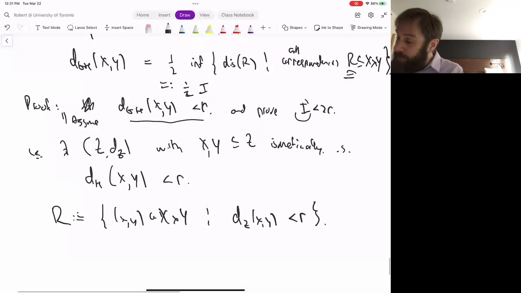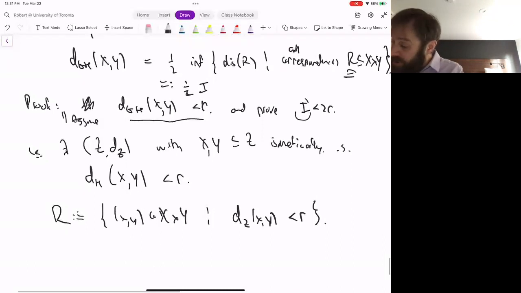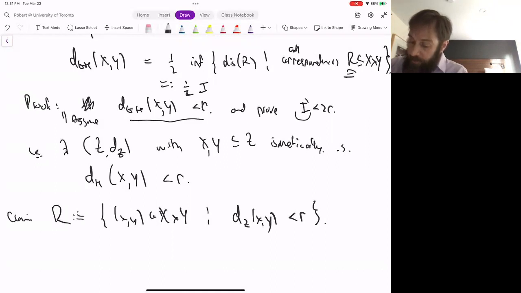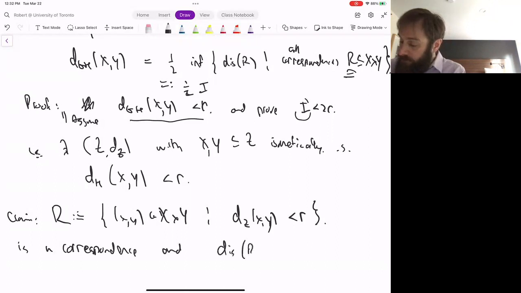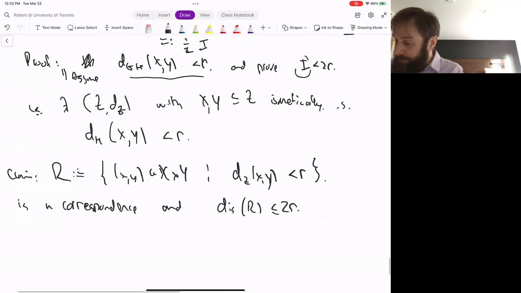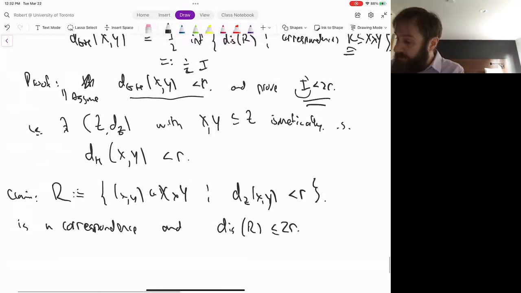So first of all, why is this a correspondence? R is a correspondence. So in other words, this projection covers either factor. And the distortion of R is less than 2r. And if I can do that, I'm done for concluding this. Actually, this is enough.